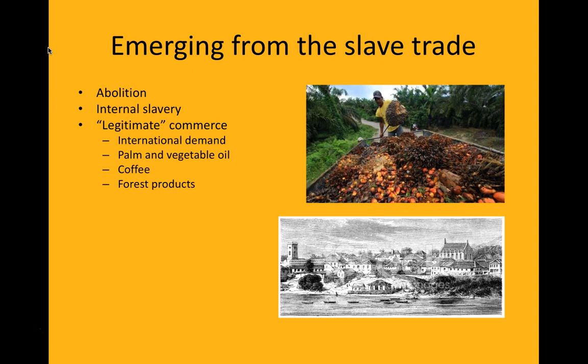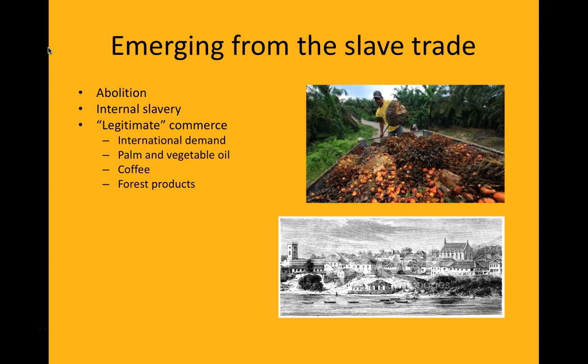Europeans tended to die in large numbers when they went into the interior of Africa and contracted malaria. And it wasn't until the second half of the 19th century, when a drug called quinine was developed, that Europeans were able to move into the interior of Africa in any significant way.